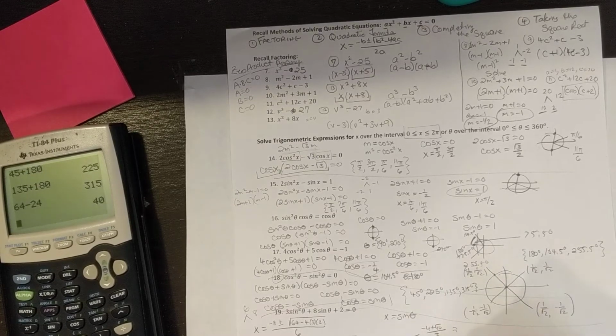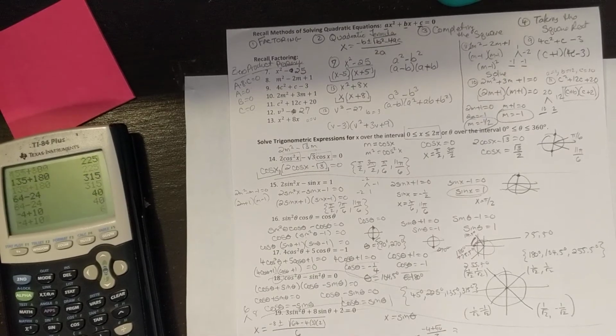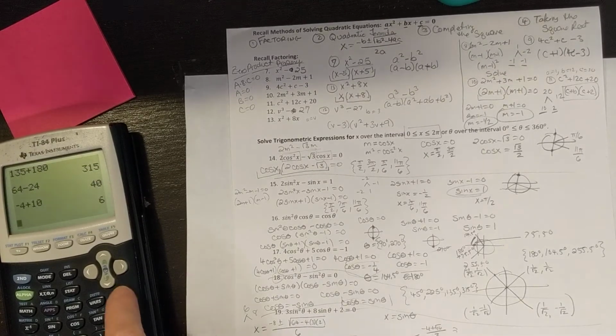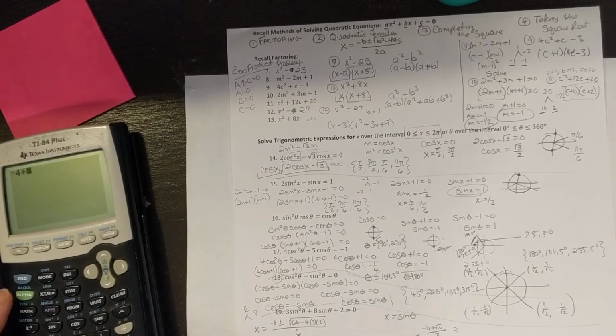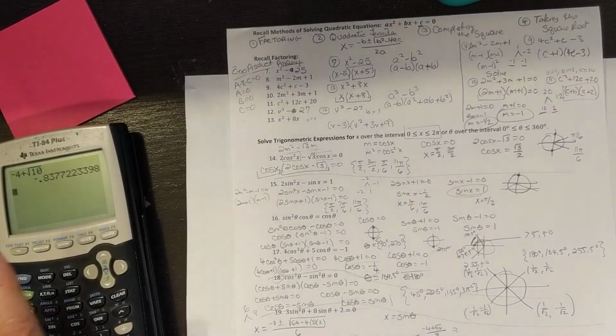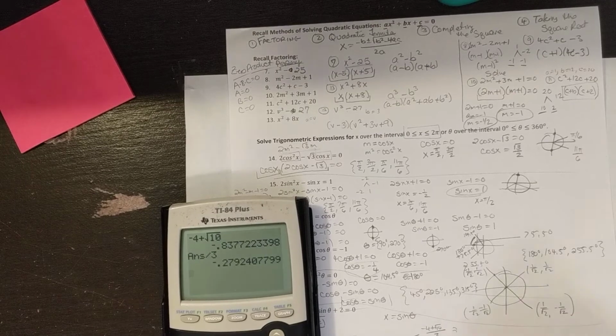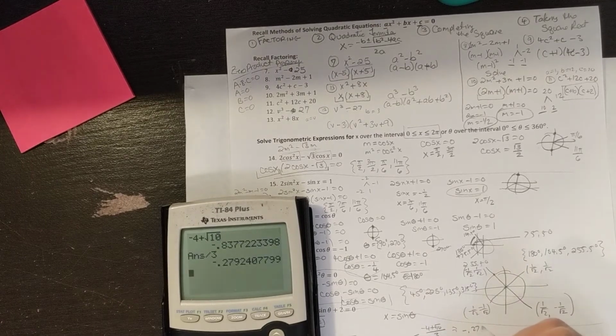So let's just get some values out. Negative 4 plus the square root of 10 is, I get about negative 0.8377. Then I'm going to divide that by 3. And this gives me negative 0.2792.